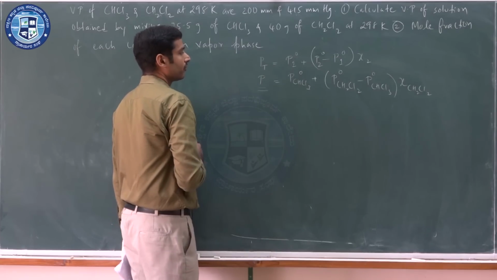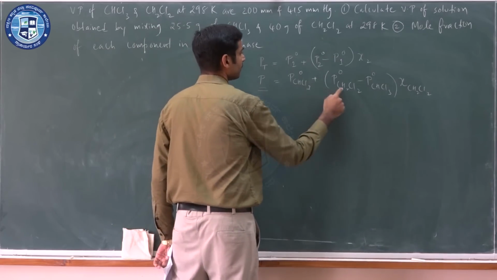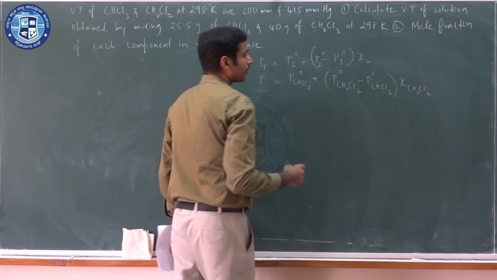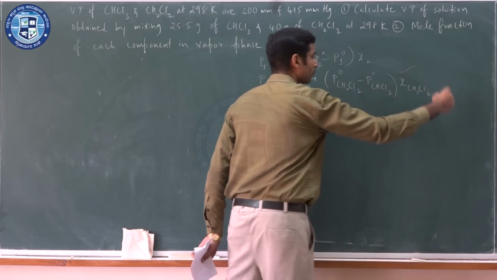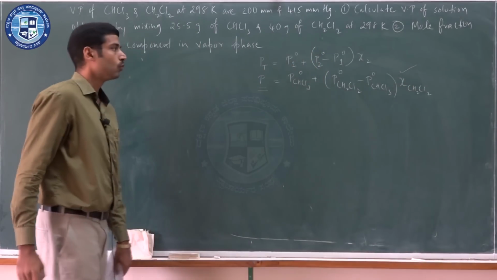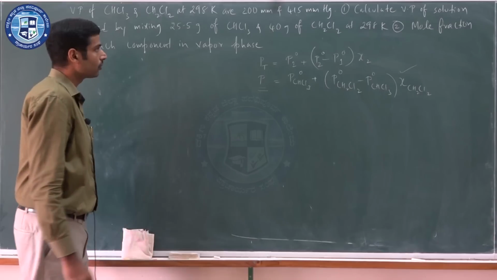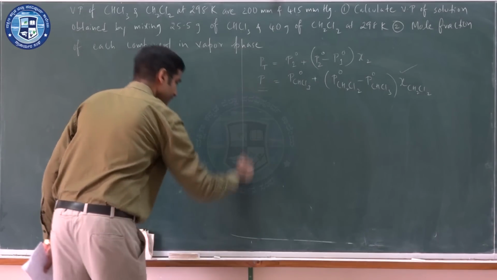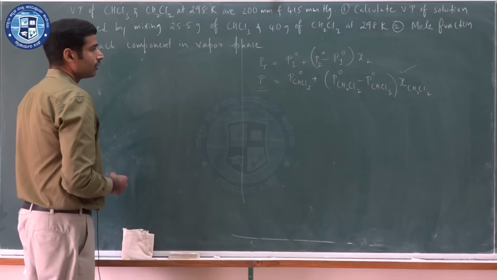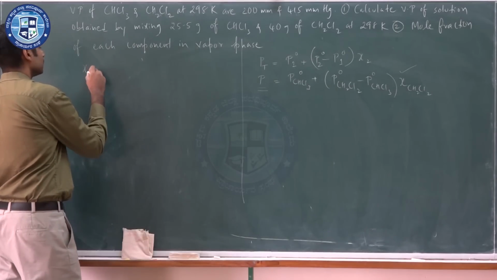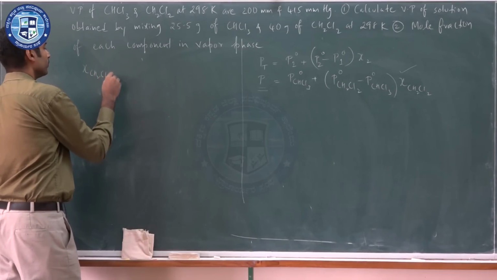You have to find out the total vapor pressure. These values are given. You will be able to find the total vapor pressure if you can find the mole fraction of dichloromethane. Hence, the first section of this solution will be to get the mole fraction of dichloromethane.